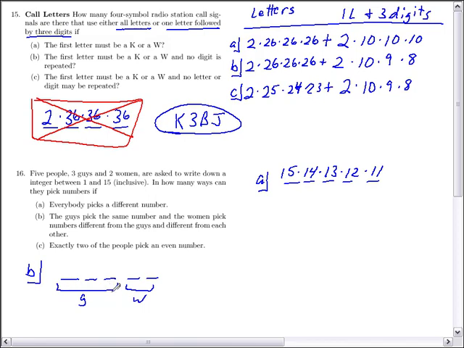But if you put 3 blanks here, the first guy had 15 choices. Whatever he picked, the other 2 have to pick the same one, so they both have 1 choice. Now the women have to pick numbers different from each other and different from the guys. So the first woman has 14 choices, and the next one has 13.